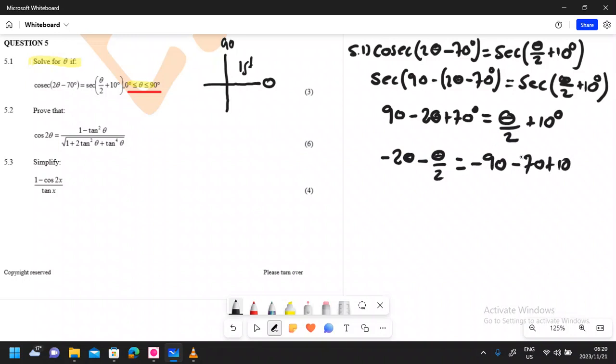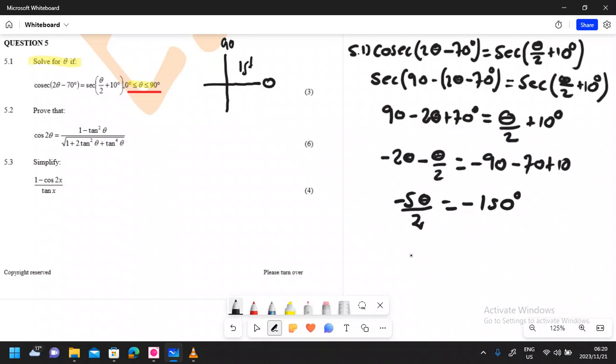So these are just angles, guys. 90 and 70, they go that side. So if you add 2 theta minus half theta, you're gonna be having negative 5 theta divided by 2. And this side here, if you say negative 90 minus 70 plus 10, you're gonna be having negative 150 degrees.